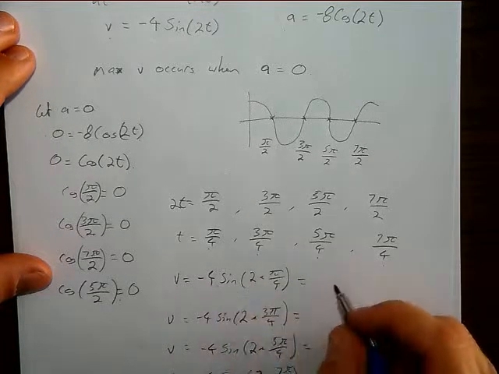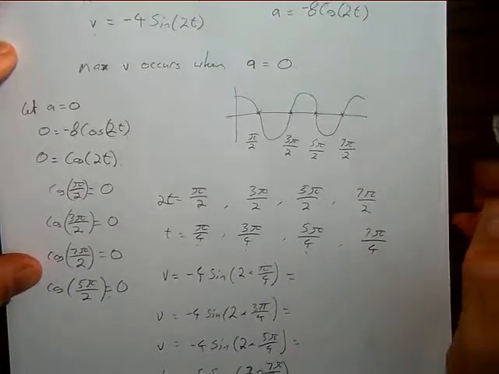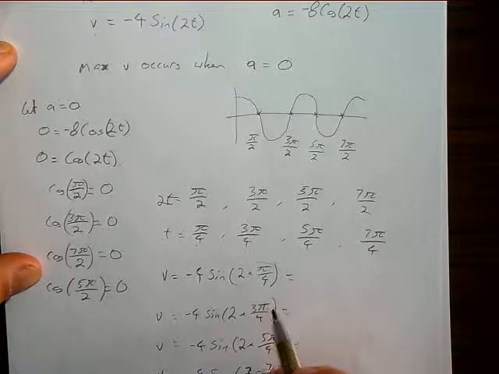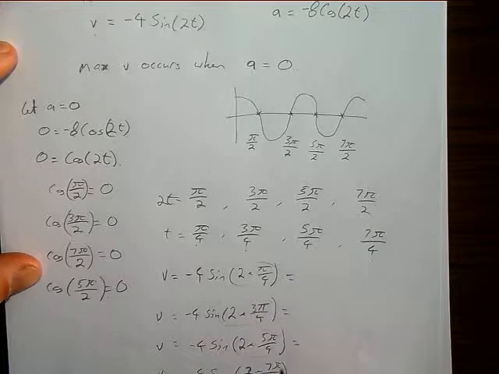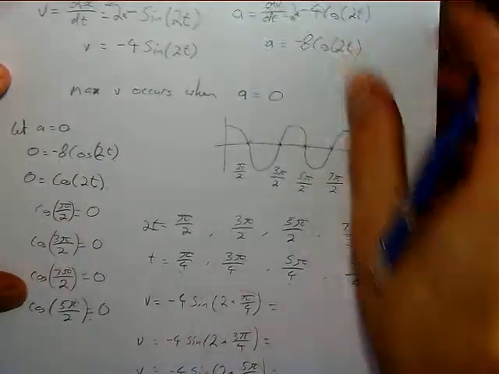So my sine function is going to be pi on 2, 3 pi on 2, 5 pi on 2, and 7 pi on 2.